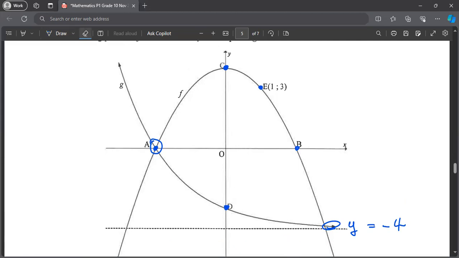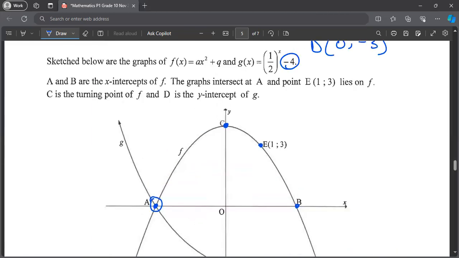Do you see that? So it starts at -4, but where does it end? If you look at this arrow, it tells you that the function keeps going up in terms of y values. So this means the range will be from -4 all the way to +infinity.